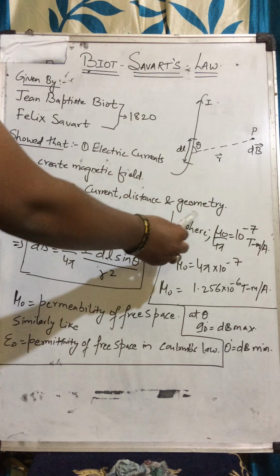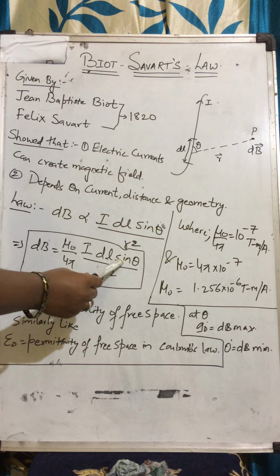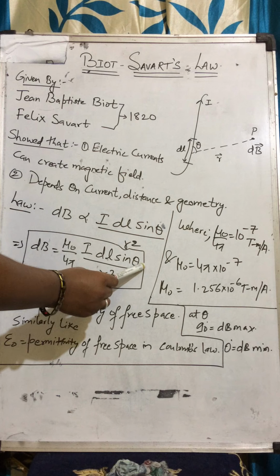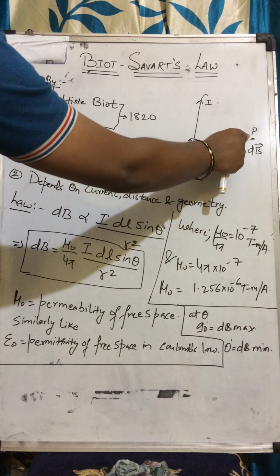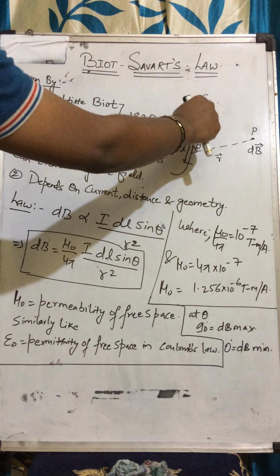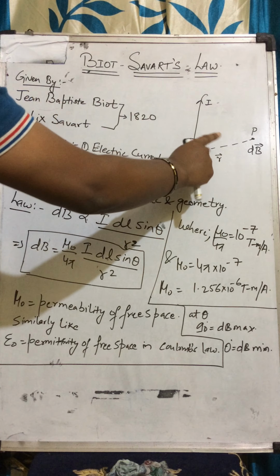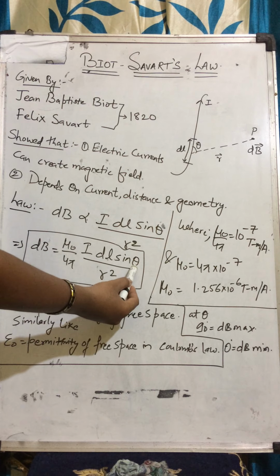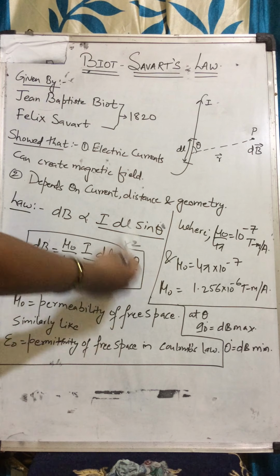Now see, this geometry is affecting the value of dB. How? This is sin theta, so if theta is 0 degree, it means point P is along the direction of this conductor. Then sin 0 is 0, so this whole term will become 0.